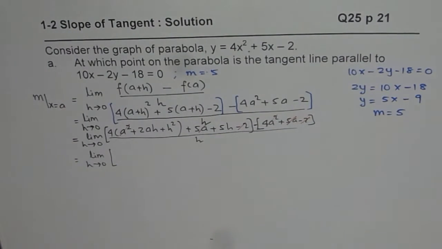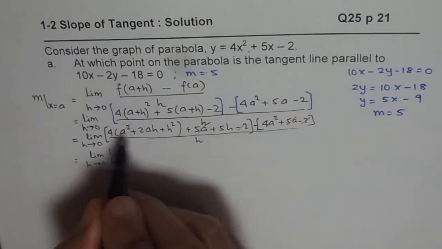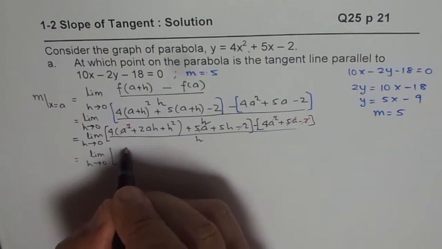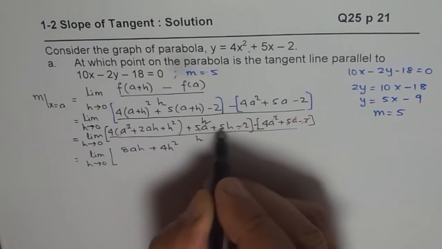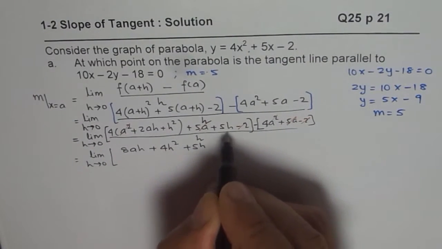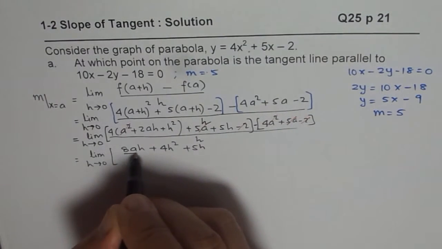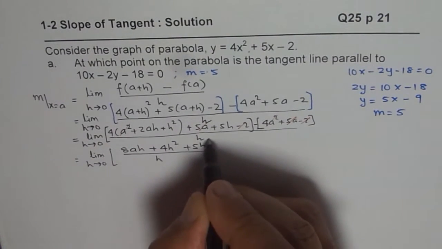So that will give us a few fewer terms here. 4 times 2 times ah gives us 8ah plus 4h squared plus 5h, divided by h. So that is what you get.